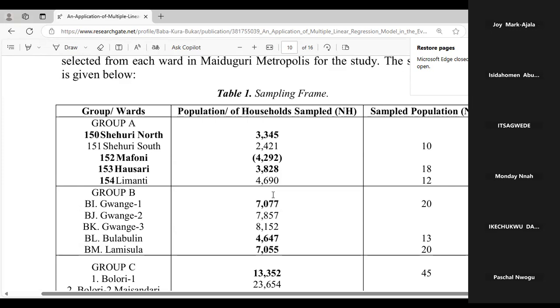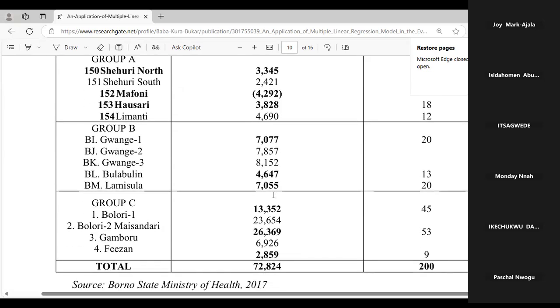You can't say sampled population. You take a sample from a population. But this person will say he has published. Oh, you'll be surprised. There are so many rubbish publications out there.